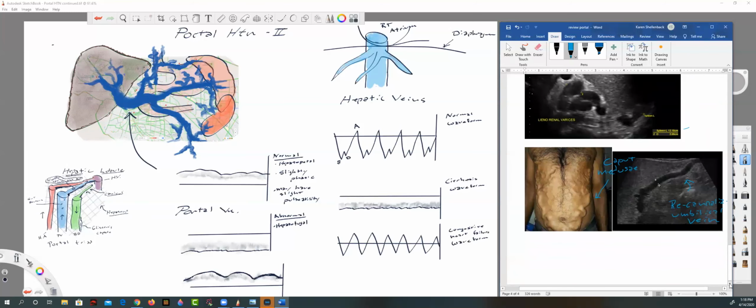Okay. And the last image I have for here right now is the caput medusae. This was supposed to look like, it looks like this head's upside down, and then the hair is like snakes all over the place. So it's like Medusa.